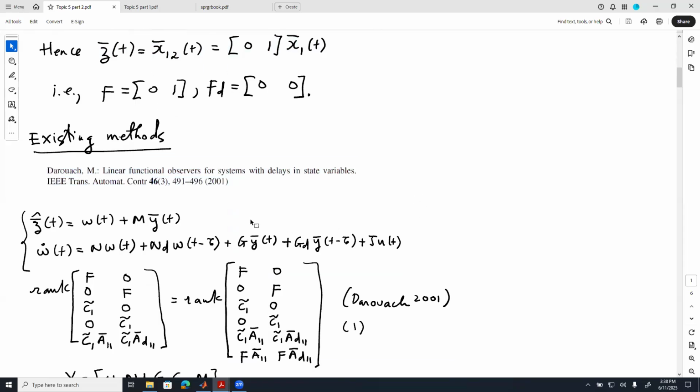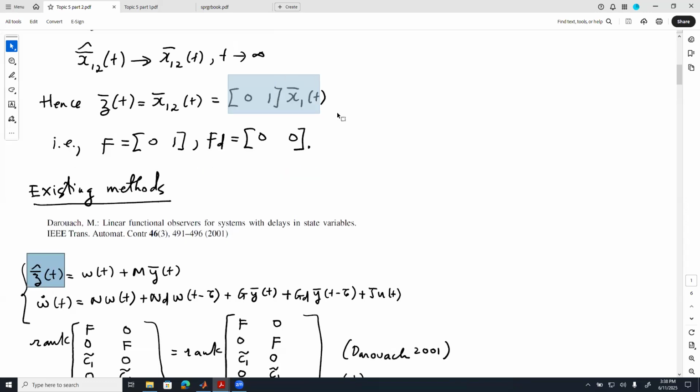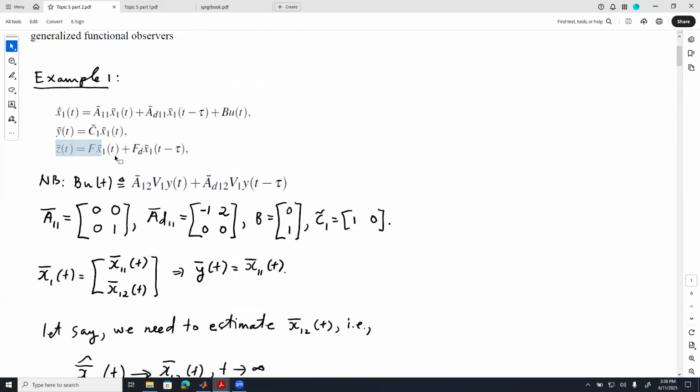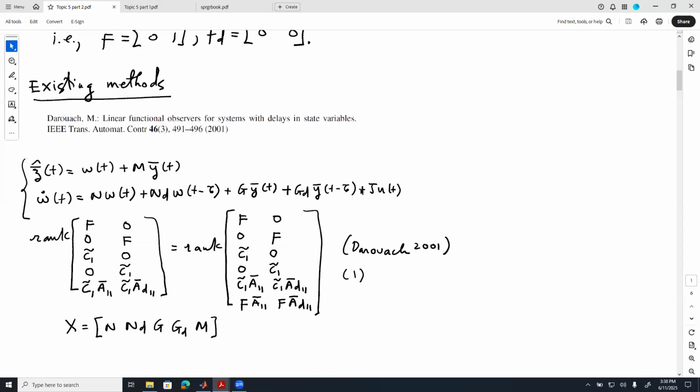According to the method given in this reference, for the functional observer, the one given here or the one consisting of only that bit, the proposed structure is of the following form.